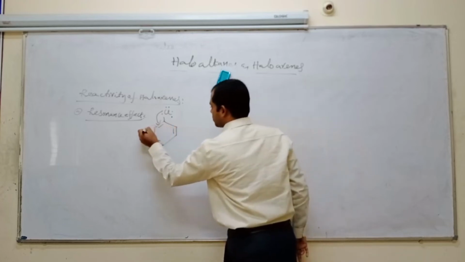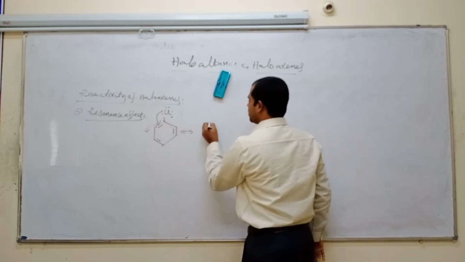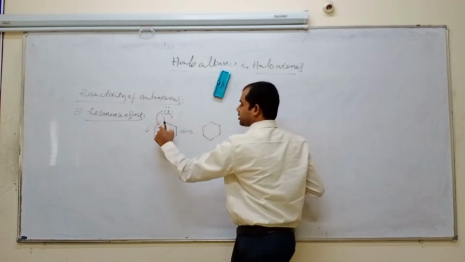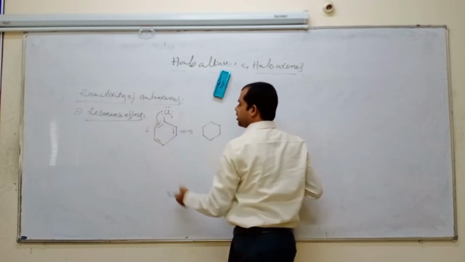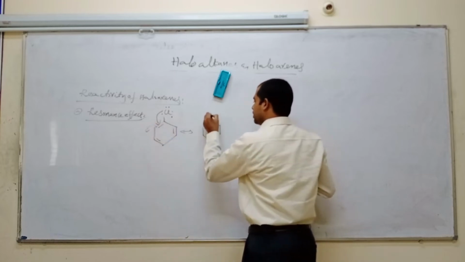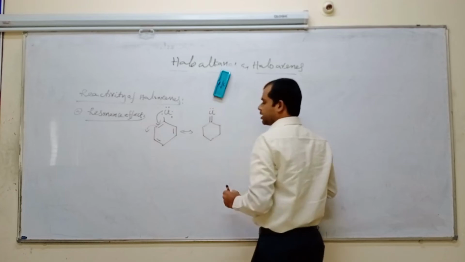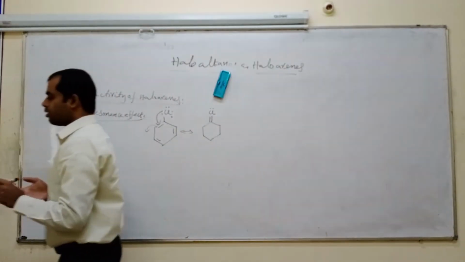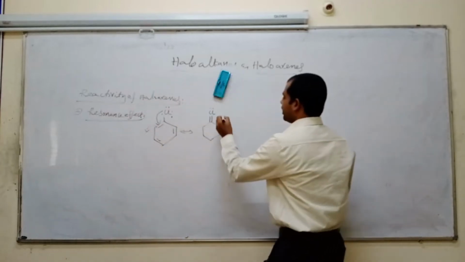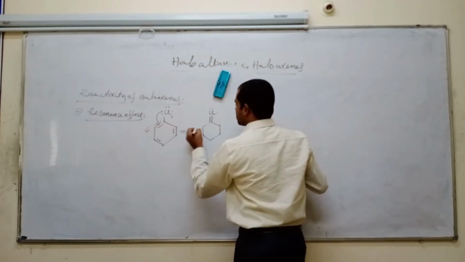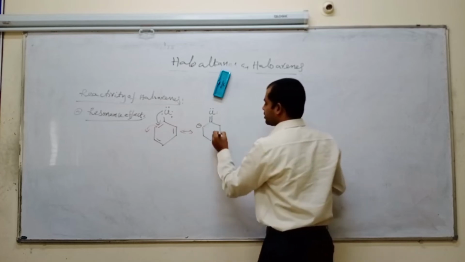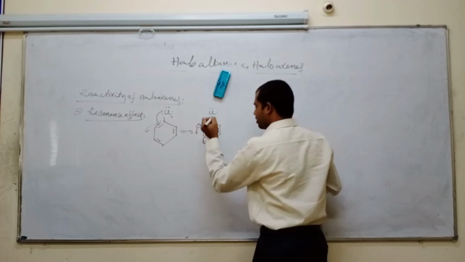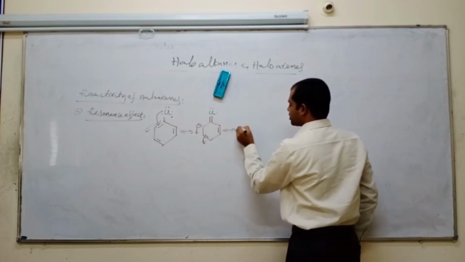Once the lone pair is in conjugation with the pi bond, the pi bond comes outside, and we get a partial double bond character between carbon and chlorine. Once the pi electrons come outside, we get a negative charge. Now these electrons come this side, and we can get one more resonating structure.